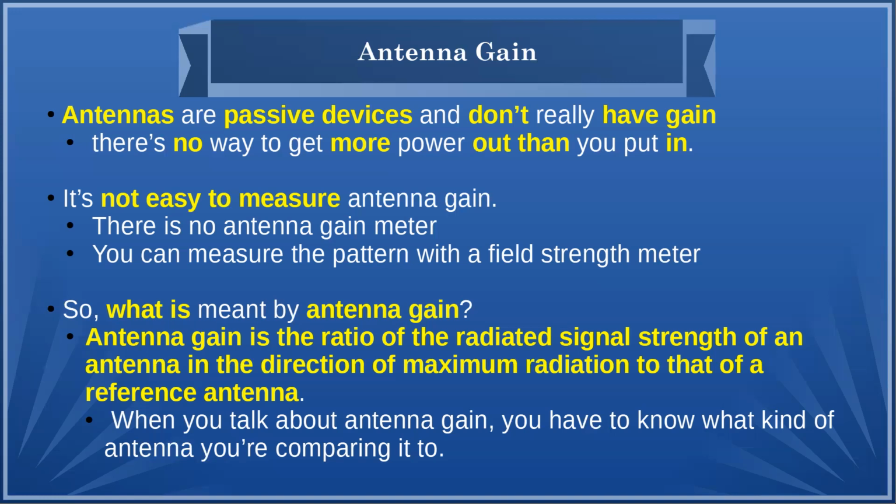When they talk about gain, what they really mean is the ratio of the signal strength in the direction that you want versus the radiation in a reference antenna, which is usually either the isotropic antenna, which is totally theoretical, a point source, which would be a sphere, and sometimes the dipole, where the gain in the dipole is actually measurable and it makes a good reference.